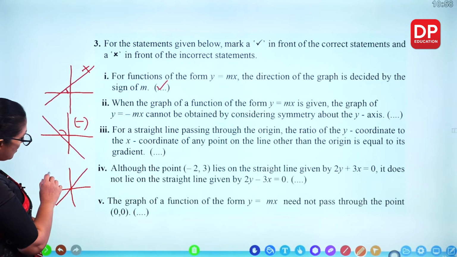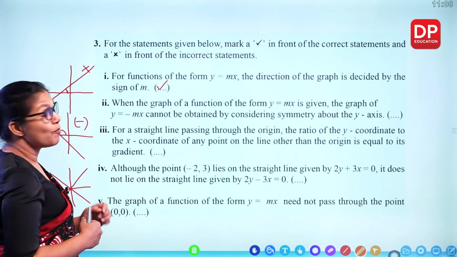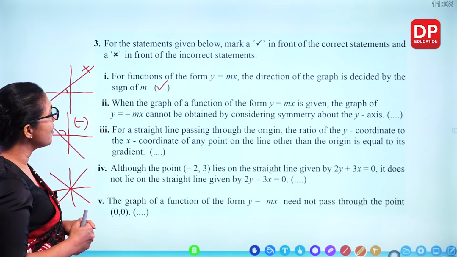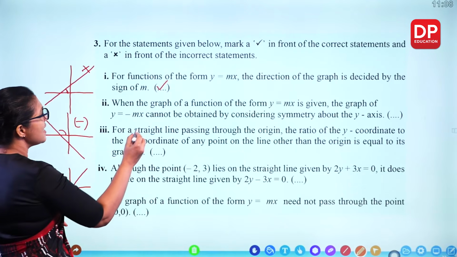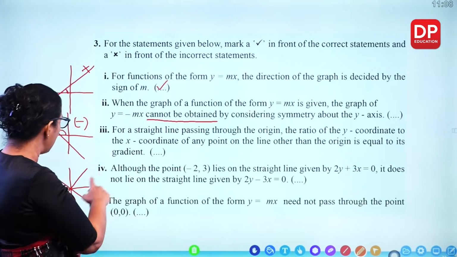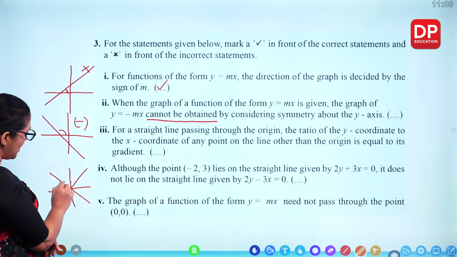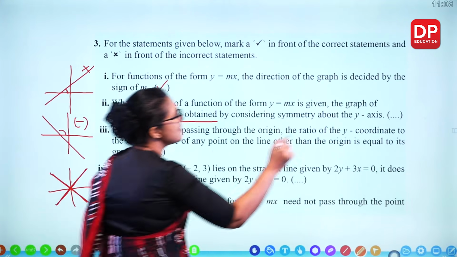If it's this one, you get this graph. So is the second statement correct or wrong? That's wrong because it says cannot be obtained by considering symmetry. It can, because this graph and this graph are symmetrical about the y-axis. So this is wrong.